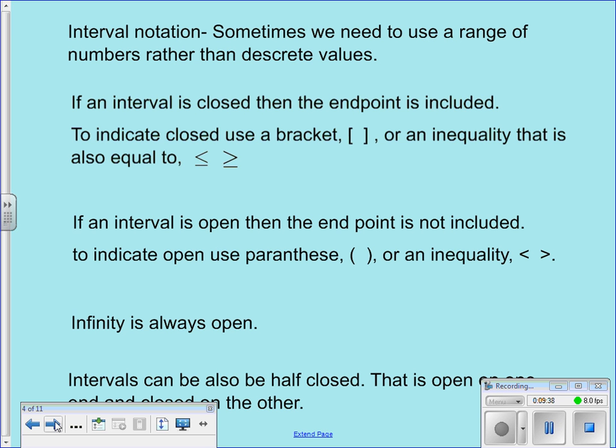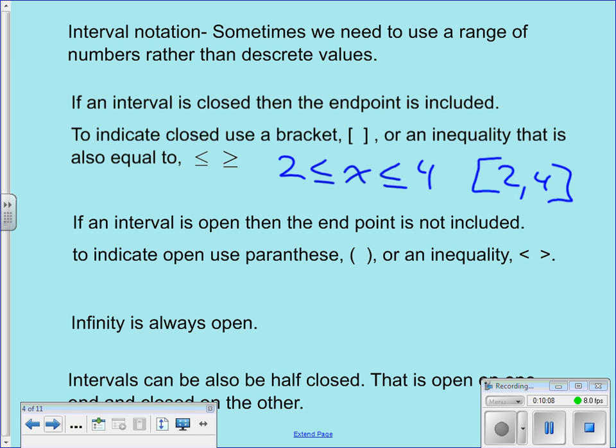If I have x between 2 and 4, my interval notation for that is bracket 2, 4. 2 and 4 are included because it's or equal to, and everything in between. So a bracket is a closed interval. It means that the thing is included in it.